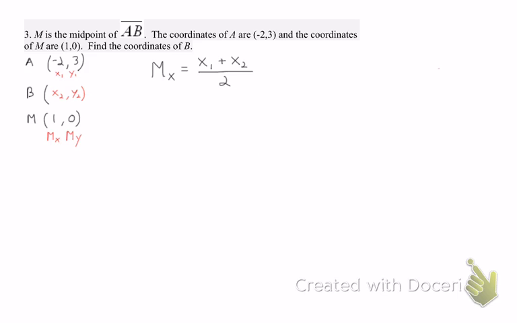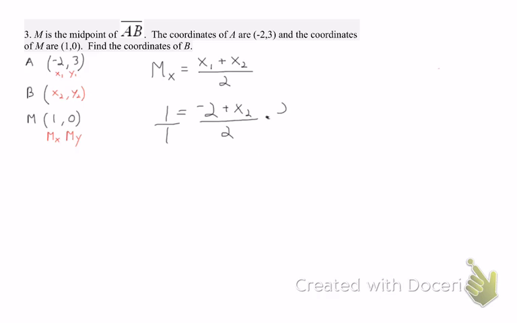So now we just substitute the information in. We have an mx equaling 1. We have an x1 of -2. And we have an x2 we don't have, so we want to solve for x2, and that's divided by 2. To make this easier to see, we can put the 1 over 1, and now we have a fraction equaling a fraction. To bring the 2 to the other side, we have to multiply by 2.